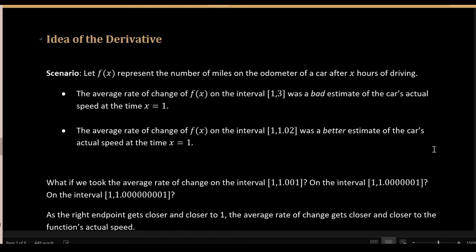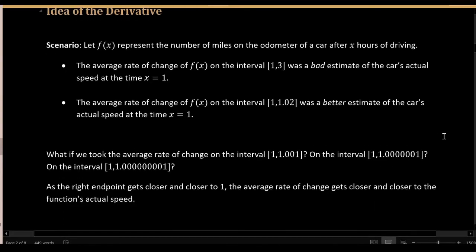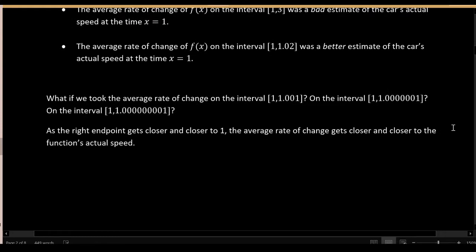However, if our 2 snapshots begin to get closer and closer together in time, we get a better estimate of the car's actual speed at the instant when x is equal to 1. When the snapshots of the car's odometer get closer and closer together in time, we remove the opportunity for the car to accelerate or decelerate in a dramatic way.